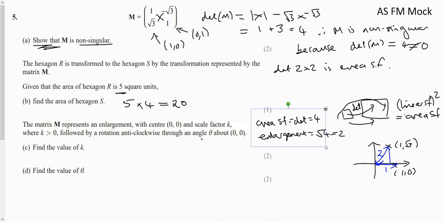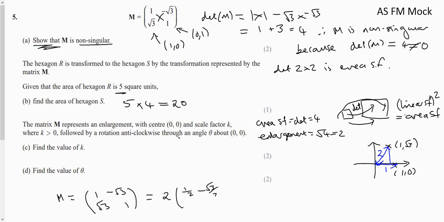Once we found the scale factor, we can move on to find the rotation anticlockwise. So what we need to do is take our matrix M and take out the scale factor to the front, because you can also write scale factors as a scalar multiple. If I take out a factor of 2, that means I'm going to have to divide every element of the matrix by 2.